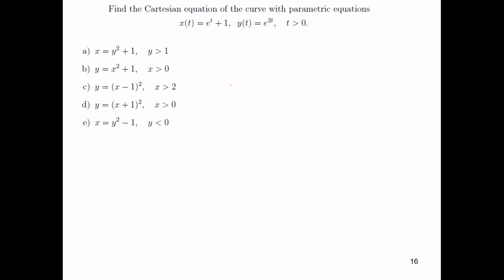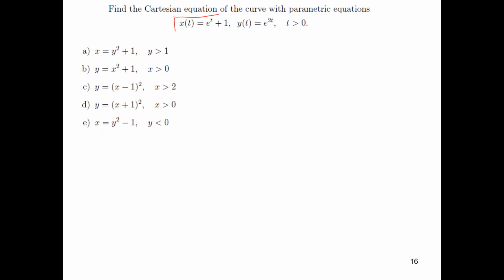Now we may ask you to convert from the parametric equations to Cartesian, which means we have to eliminate t. That's a little bit different than the polar; we don't need these equations. We have to just look at the formulas and play around. Normally we will solve one equation for t and substitute into the second one.